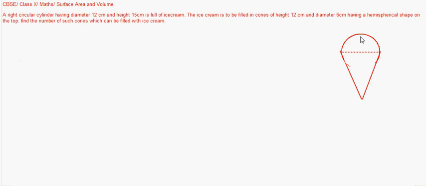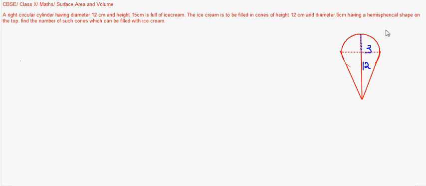This is the height. This I can put as dotted, or maybe some different color would help us. It says the ice cream is to be filled with cone of height 12 centimeter. That means this is 12, not the whole one. And the diameter is 6. That means the radius will be 3.